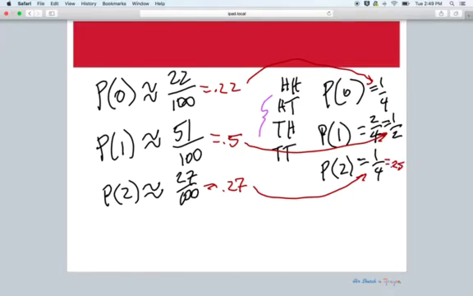So relative frequency does a pretty good job as long as you are looking at the long run, meaning you have to flip the coins many times. 100 is a finite number of times, but it's many times, which is why our approximate probabilities come pretty close to our theoretical probabilities.